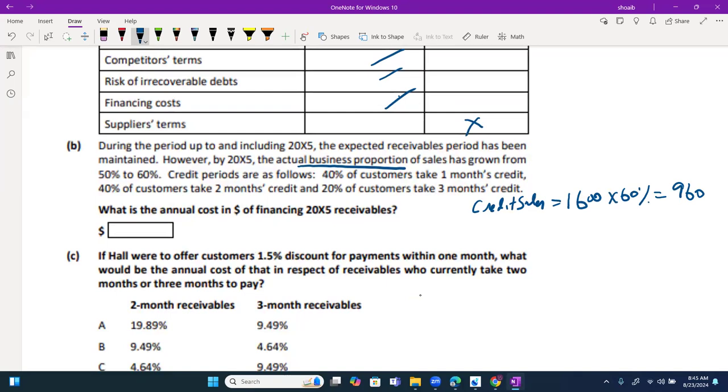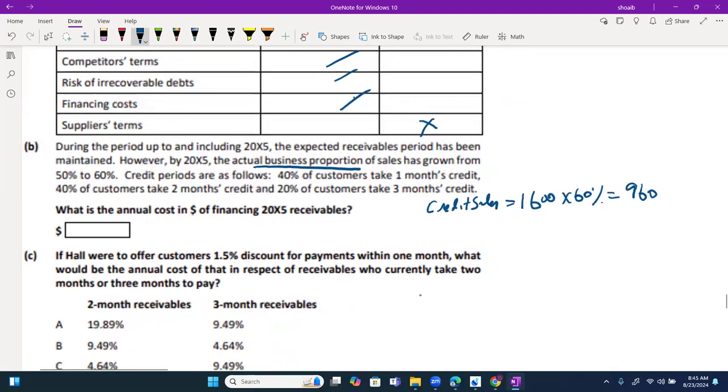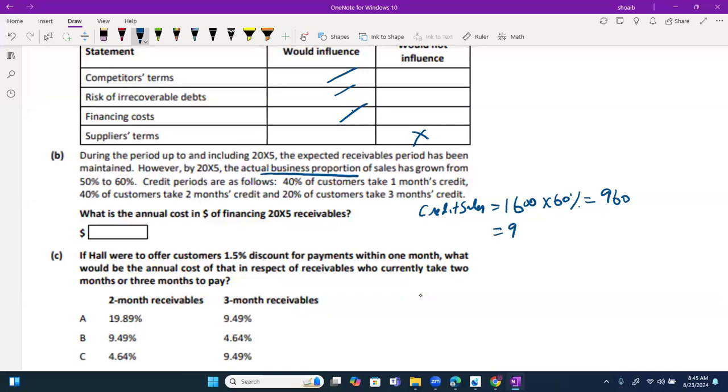Okay, 40% of the customers are taking 1 month. The remaining 40% are taking 2 months. And 20% of the customers are taking 3 months.